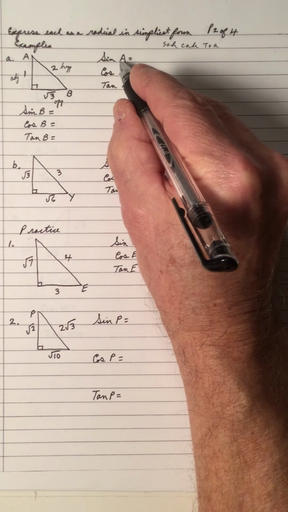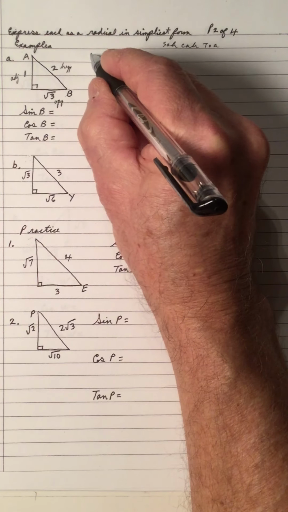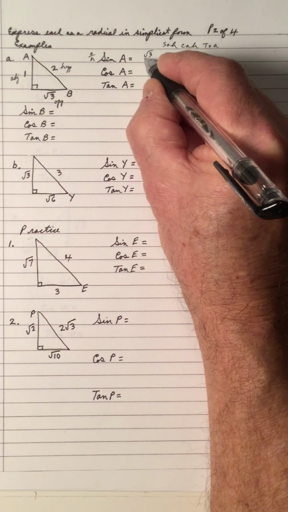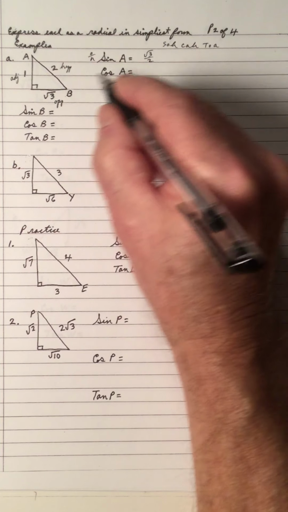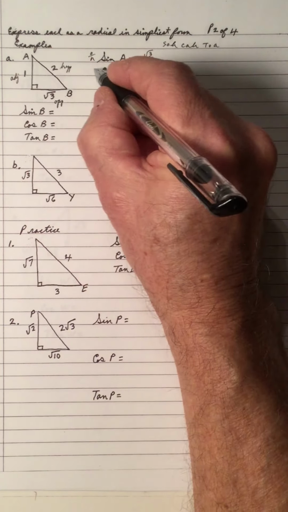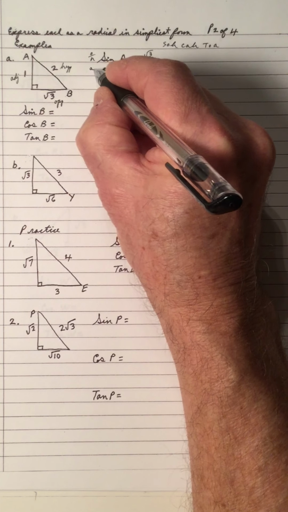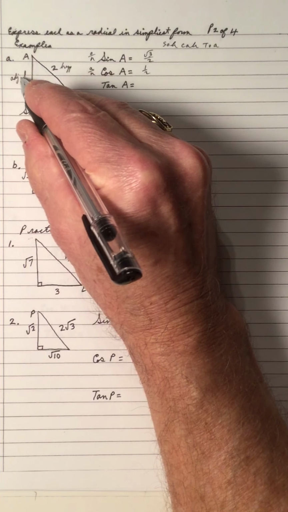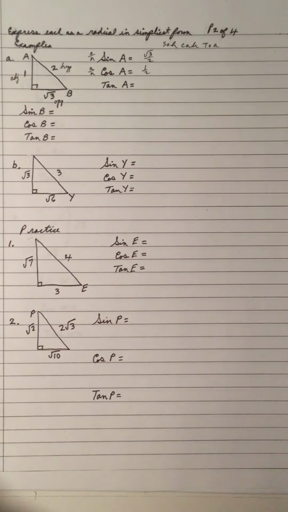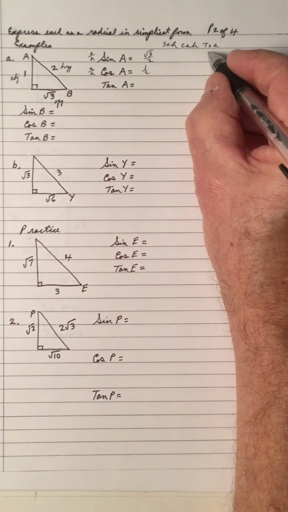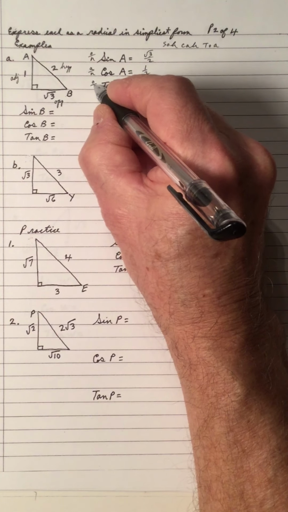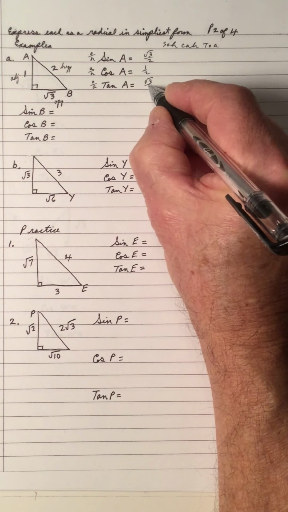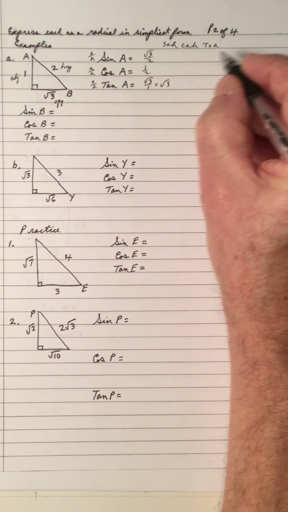Sine is opposite over hypotenuse, so root 3 over 2. Cos is adjacent over hypotenuse, so 1 over 2. And tan is opposite over adjacent, so root 3 over 1, which is root 3.